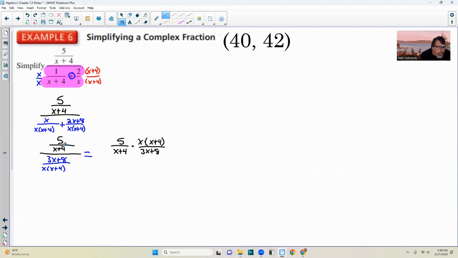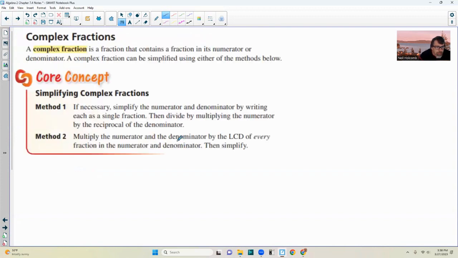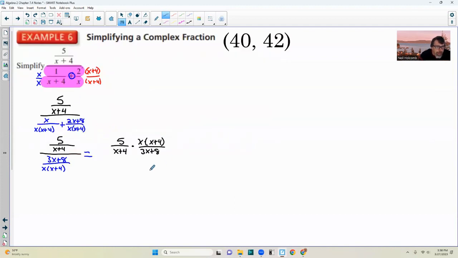So it's 5 over x plus 4 times the reciprocal of the denominator, which is what it basically said right here: multiply the numerator by the reciprocal of the denominator. We're doing method 1. All right, so now this is all multiplication, so I can multiply all this.